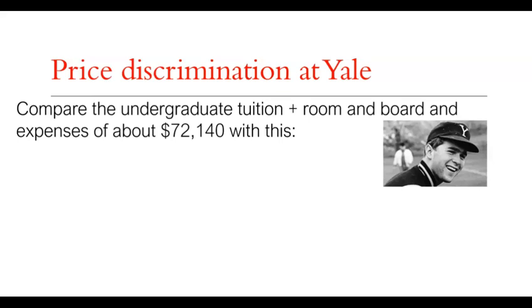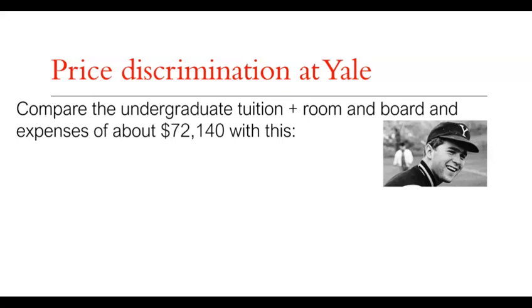Well, what happens is that individual students who are looking for what's called need-based aid have to supply very detailed information about the finances of their parents. So they have to reveal everything that their parents own, what they do, what their income is, and so on. And that allows the university to try and figure out what the maximum price is that they would be willing to charge.